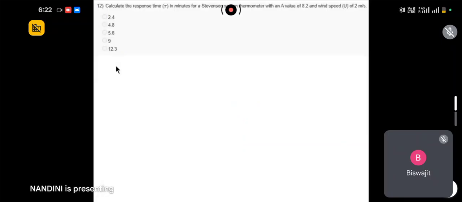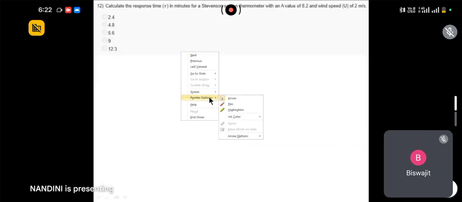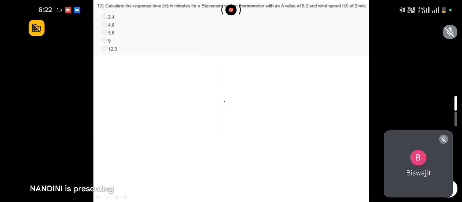Now, the next question: calculate the response time in minutes for a Stevenson screen thermometer with an A value of 8.2 and wind speed of 2 meter per second. So before solving the equation, do you know what is the Stevenson screen?